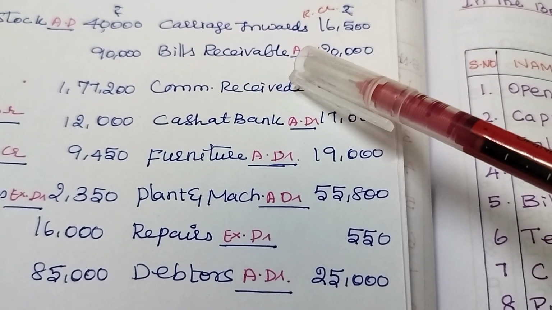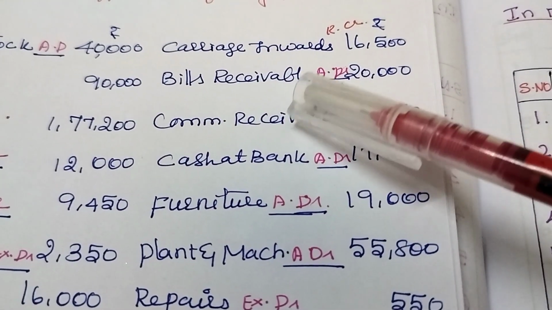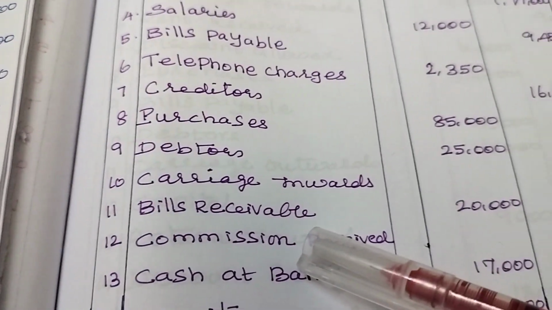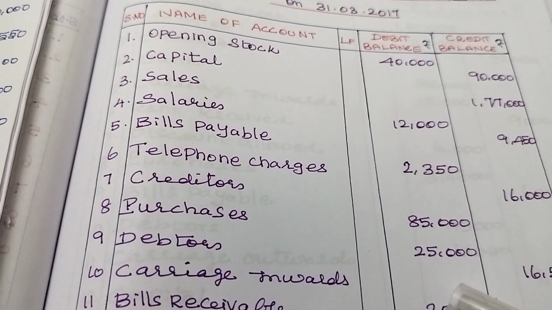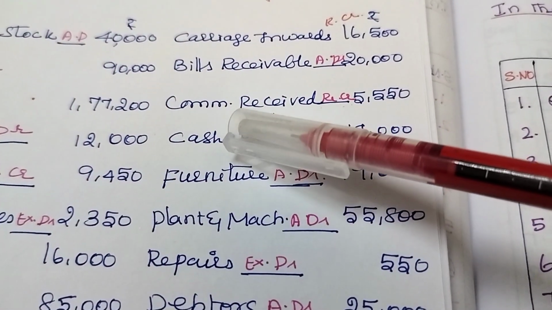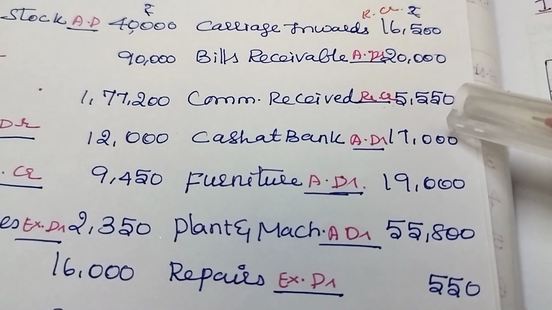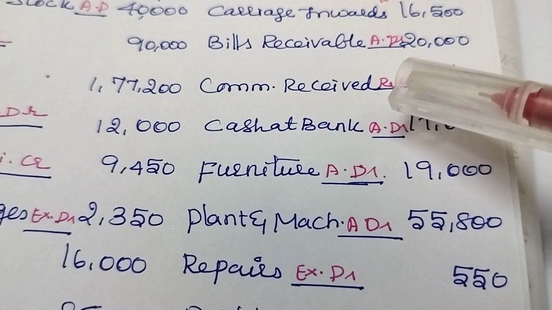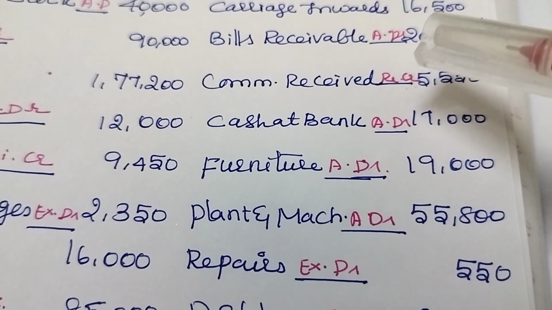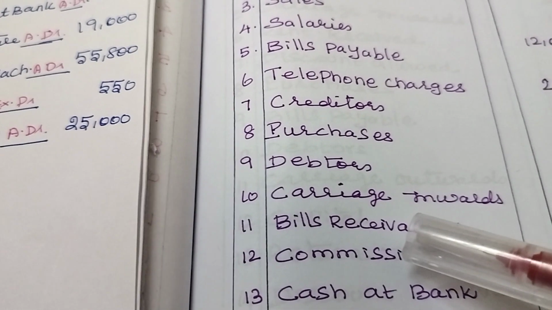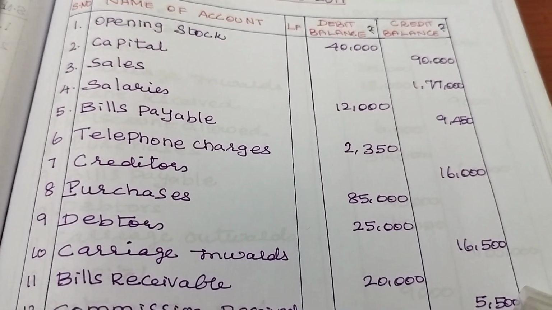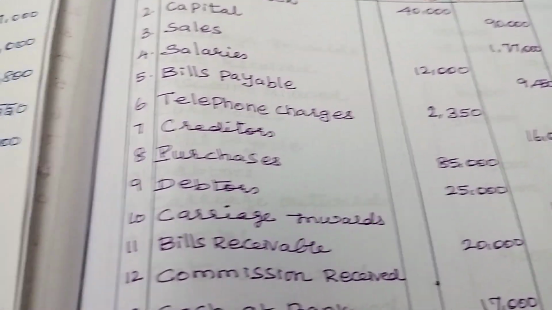Bills receivable is an asset account, so it will be debited. So bills receivable 20,000 is entered on debit balance. Then commission received 5,550. Commission received comes under revenue account. Whenever revenue increases, we credit the revenue account. So commission received 5,550 is entered on credit balance.